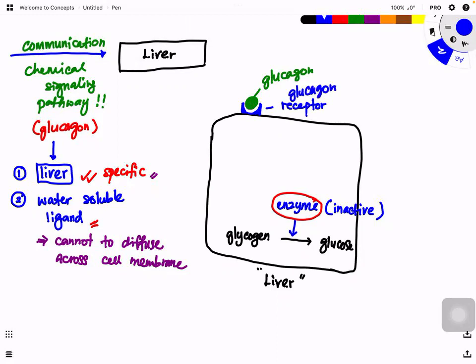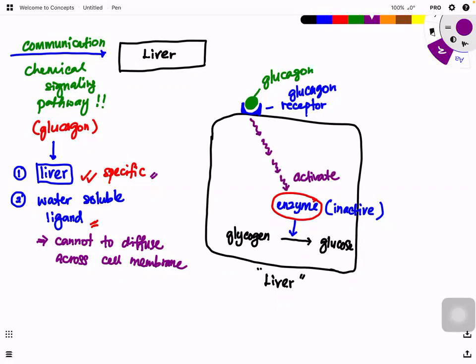Are you clear? But the thing here is my effector, the final molecule that executes the events for us, is inside the cell. So we need to have the signal transduction. This process will trigger a series of reactions, and then we activate the enzyme.